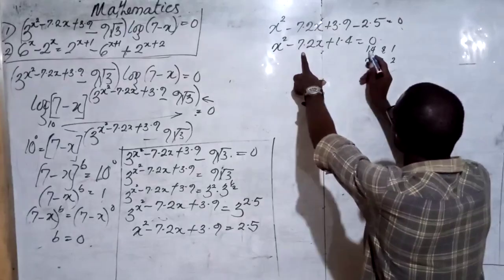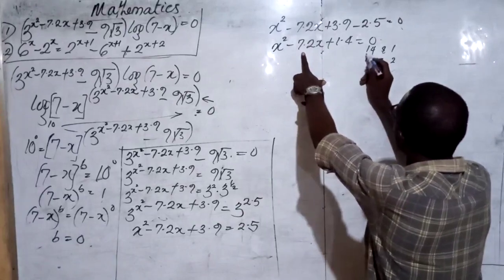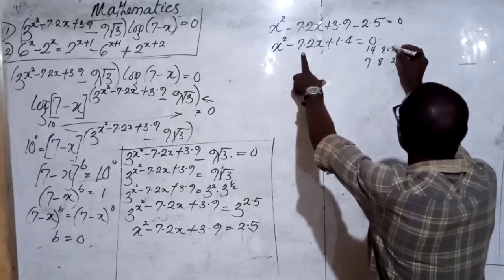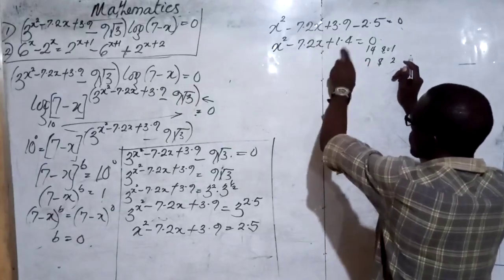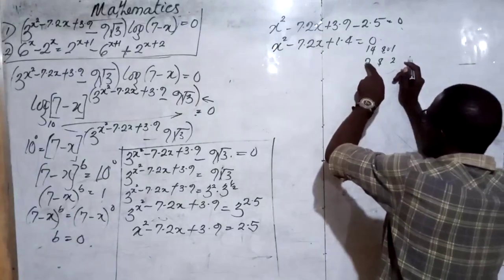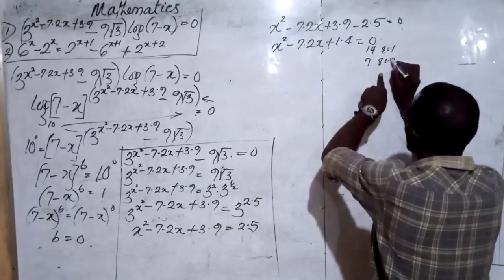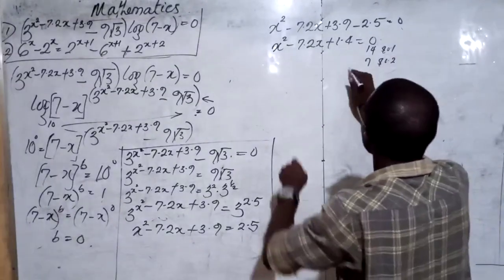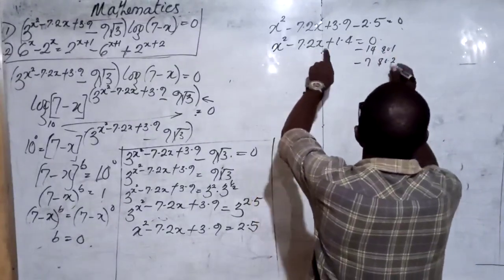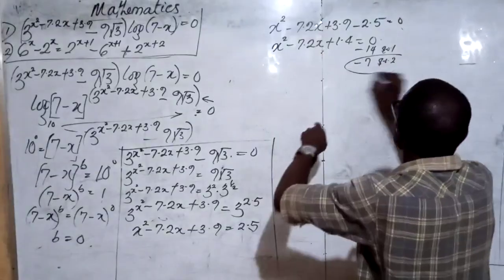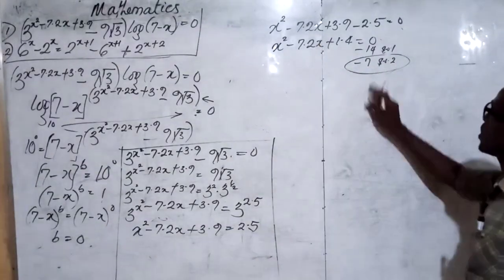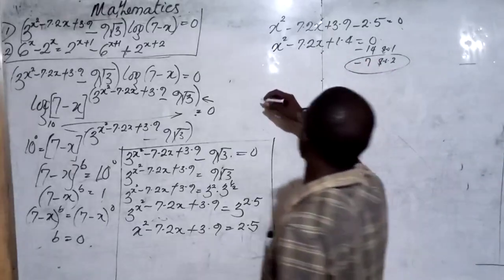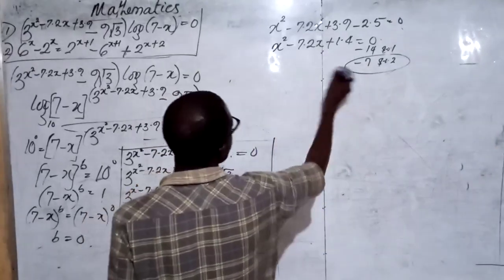So 0.1 and 14 will be 1.4. The factors of this one, 7 and 0.2, I think it's this one that will work because minus times minus is plus. So if you minus 7 minus 0.2 will be minus 7.2, and if we multiply these, it gives us 1.4. All right, so we have the correct terms.